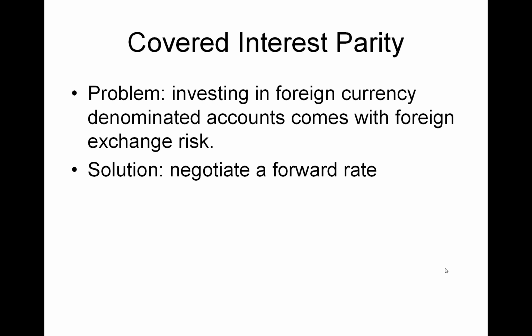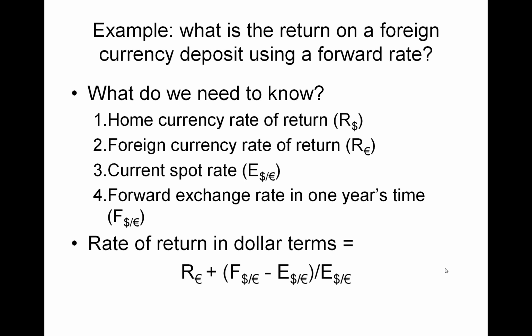So is there a solution to this problem? And as we talked about last Tuesday about the different types of exchange rates, what an investor can do is actually negotiate a forward rate so that they know exactly what they'll get out of the deposit a year hence.